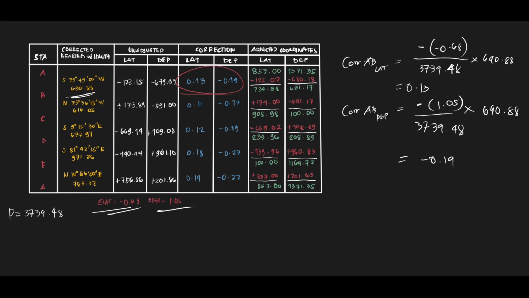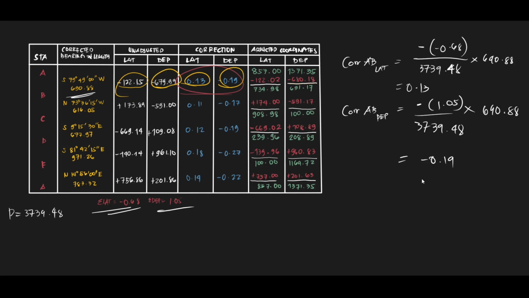Okay, so let us adjust the coordinates of the corners. But before that, you can also add up. If you add this unadjusted and this corrected right here, you will get negative 122.02. And then for the departure, this one and this one, you will get this one.